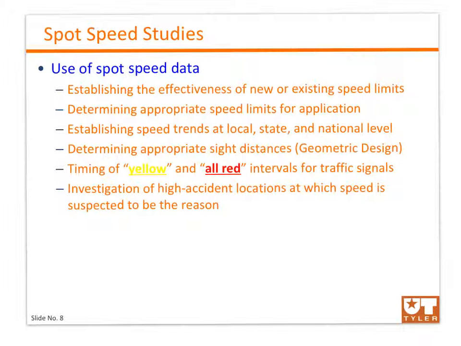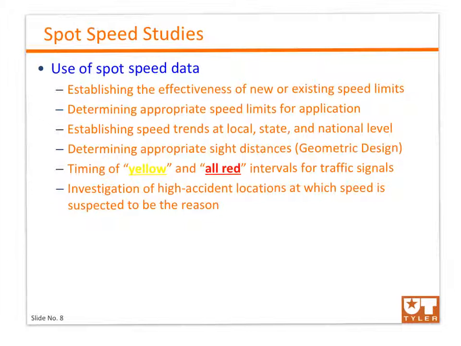If the speed is high, you would need more sight distance, and therefore the curvature of the road is going to be much different than if the speed is much lower, where the driver has much longer time to react, and therefore we don't need that long of a sight distance.